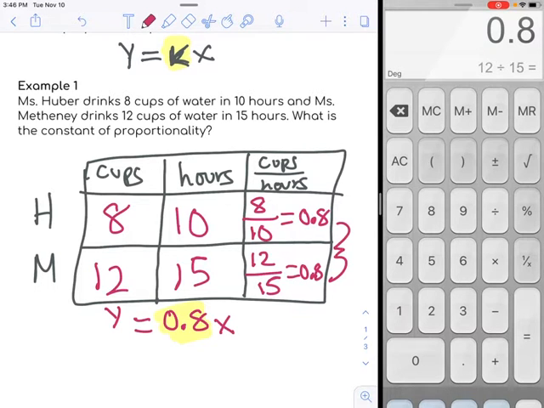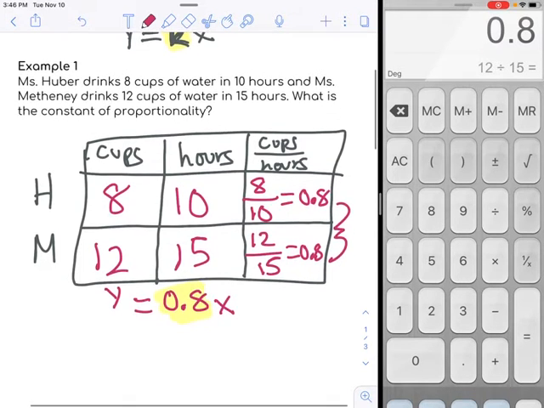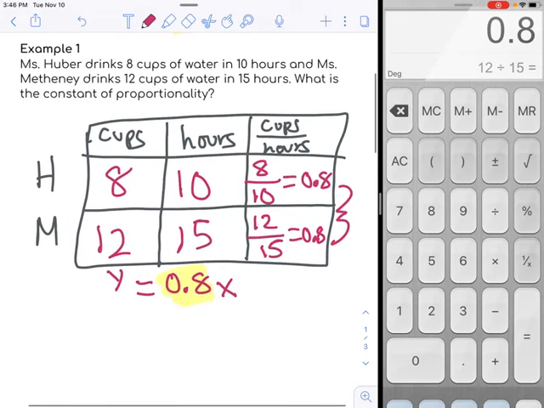So my cups to hours is proportional to how many cups Mrs. Matheny drinks every hour. And the reason constant of proportionality is important is because then we can do a guess and check method where if I said, okay, well, what if Mr. Smith came in and he drank for 25 hours? I could plug that into my equation here and see how many cups of water he's drinking.